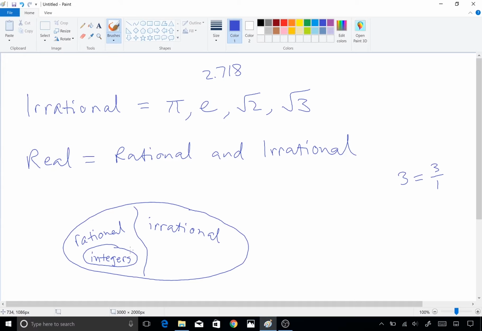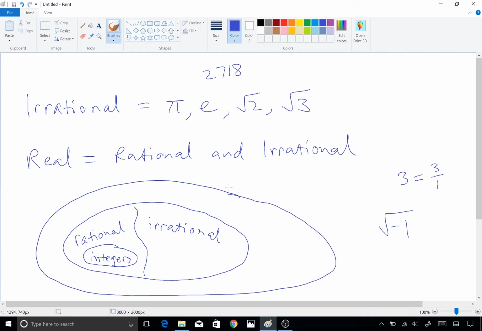And I believe that there are actually more irrationals than rationals. I think that's something that's been proven. Later in the class, we will briefly get into complex numbers where we take the square root of a negative number, and it turns out that all real numbers can be written as complex numbers. So there's a bigger set of numbers that contains this set of real numbers.